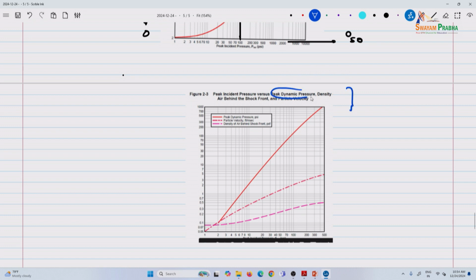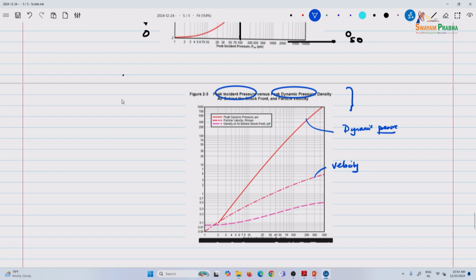Okay, so this is the peak dynamic pressure, this is the peak incident pressure, the density of the air behind the shock front. So there are 3 different things. So if you see the peak dynamic pressure and the particle velocity, so this is a curve that gives you the velocity, particle velocity, and this is the dynamic pressure in psi. This is in terms of the incident pressure.